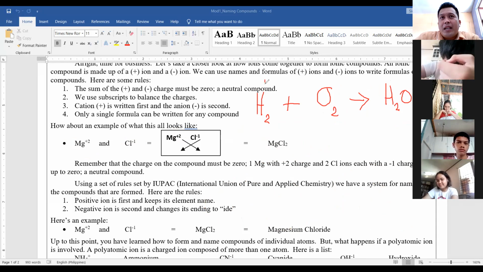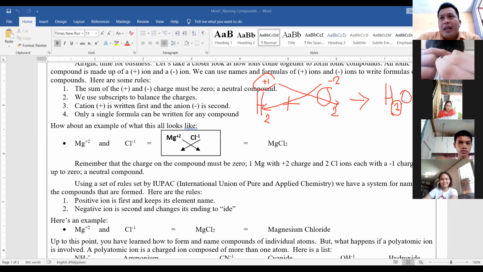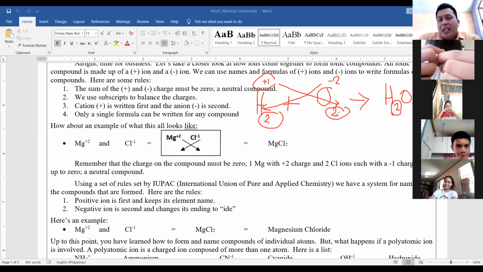Hydrogen, as a participant in the covalent bond, has a +1 charge, and oxygen in the covalent bond has a -1 charge. Thus, hydrogen will now have a subscript of 2, while oxygen will now have a subscript of 1.